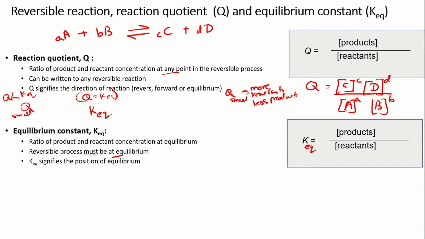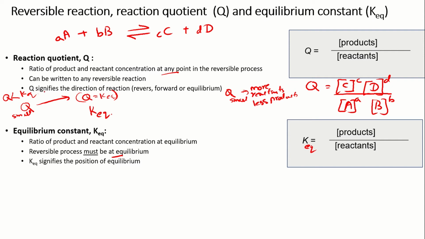If you have more reactants, that means the reaction can go forward. Why? You have more reactants, they can collide with each other and make more product. So if you end up with a very small q, a q smaller than the defined equilibrium constant, that means the system prefers to move forward.